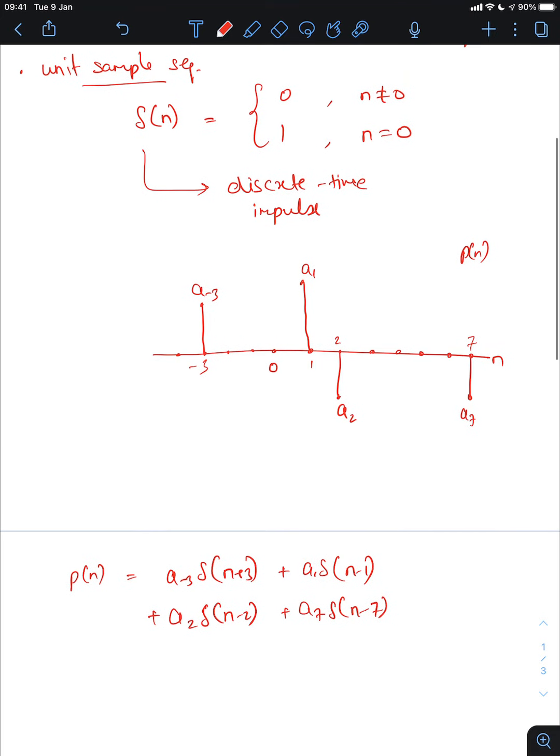The unit sample takes value 1 at argument 0, so the first term will be 1 when n is equal to minus 3, otherwise 0. Similarly, the next term would be 1 at n equal to 1, this term at n equal to 2, and this term at n equal to 7. So this is how we can represent a sequence using the unit sample sequence or discrete time impulse.